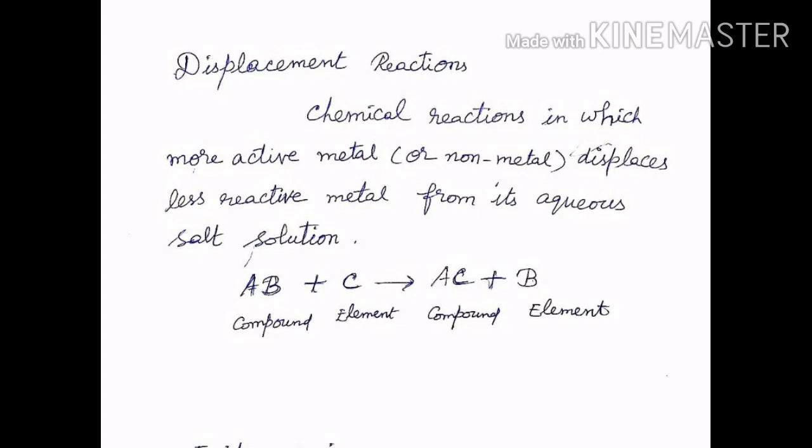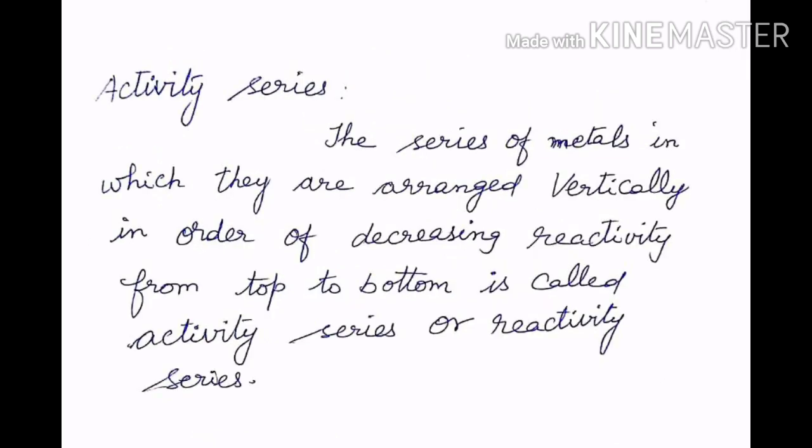Chemical reactions in which a more reactive metal or nonmetal displaces a less reactive metal or nonmetal from its aqueous salt solution are called displacement reactions. Activity series is the series of metals which is helpful to know the comparative reactivities of the metals.